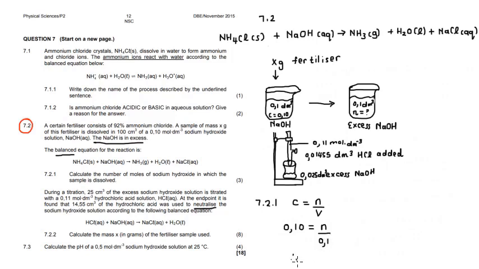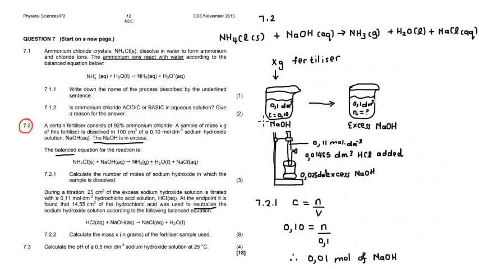If you work this out, the number of moles of sodium hydroxide that we originally had works out to be 0.01 moles. You write this for clarity, of sodium hydroxide.